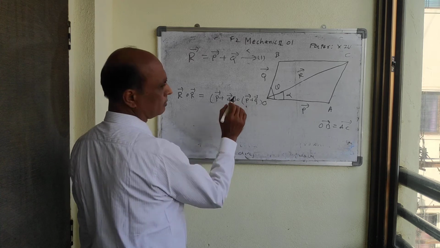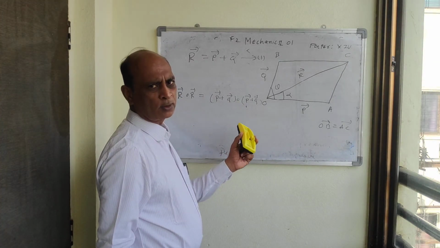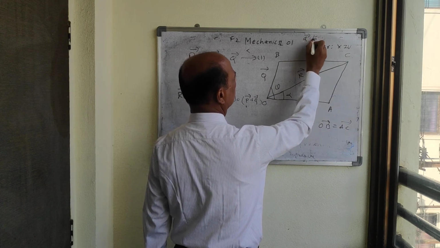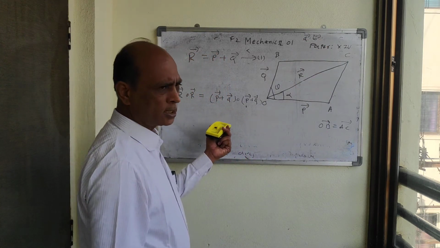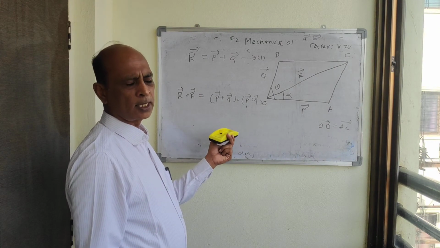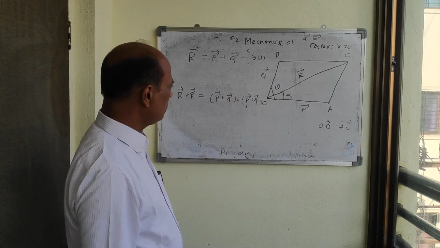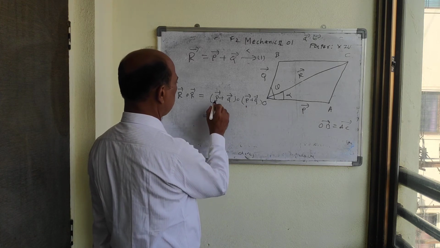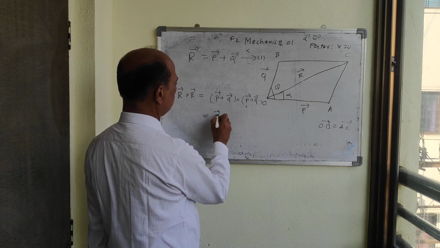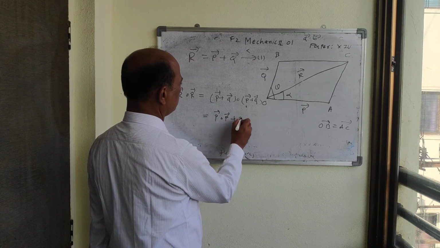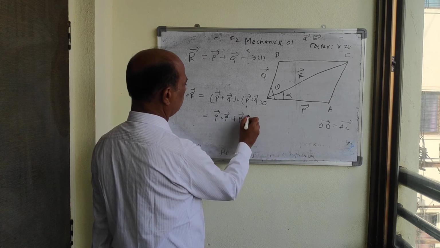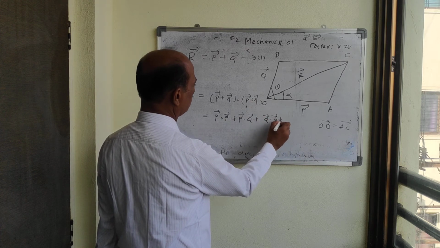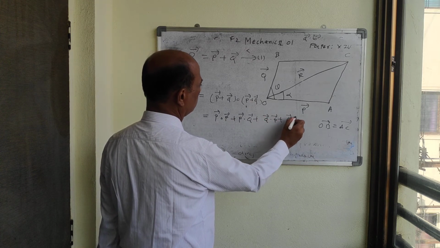Here we use this symbol, the small circle, but actually we use the symbol for dot product, that is A bar dot B bar. But in this book, the author has used this symbol. So P bar plus Q bar dot P bar plus Q bar is equal to P bar dot P bar plus P bar dot Q bar plus Q bar dot P bar plus Q bar dot Q bar.